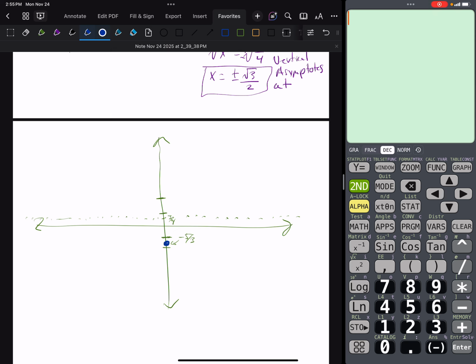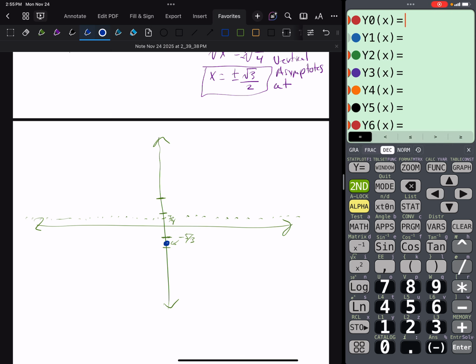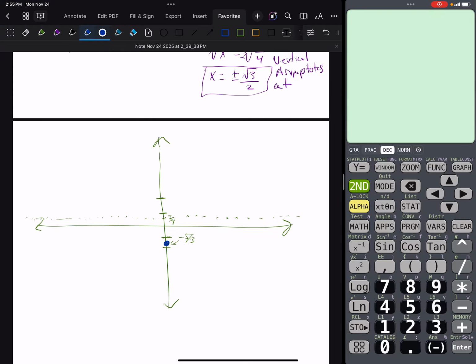Let's check that. Square root of 3 divided by 2. There we go.